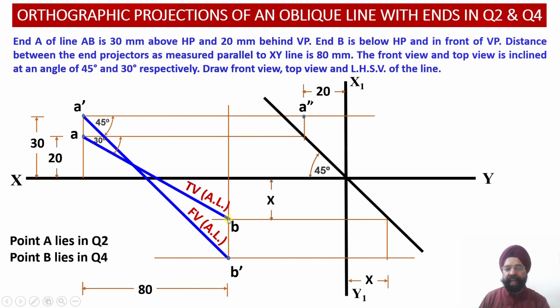So how can this be done? From the point B, we are going to draw a horizontal projector and extend it till it intersects with the transfer line over here.